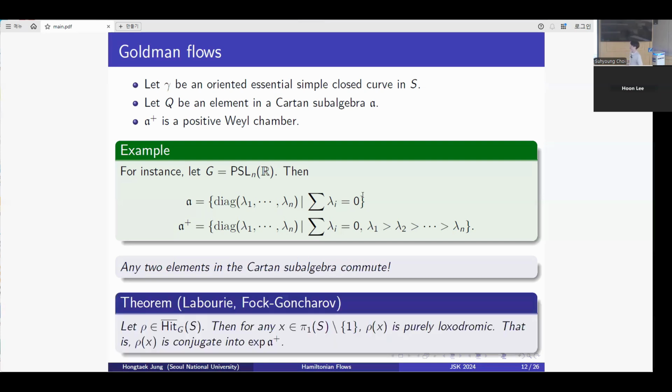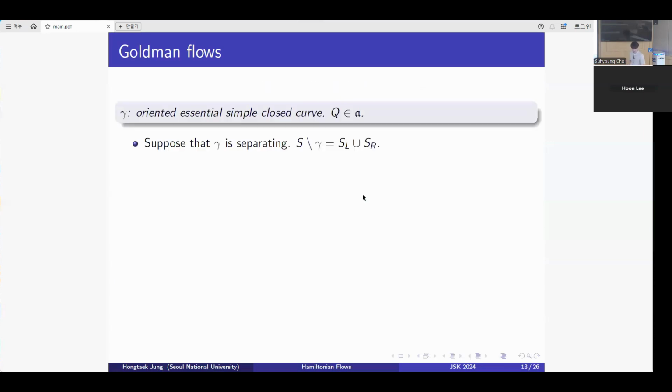The importance of this is the theorem of Labourie and Fock-Goncharov: for any Hitchin representation and any non-trivial element in your fundamental group, the image is always purely loxodromic, meaning it is conjugate into the positive Weyl chamber.